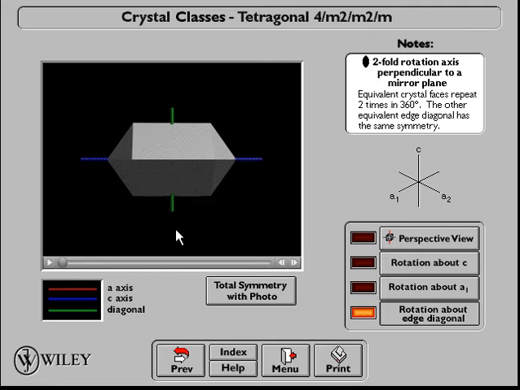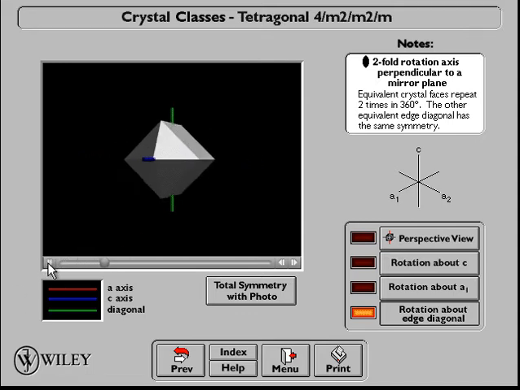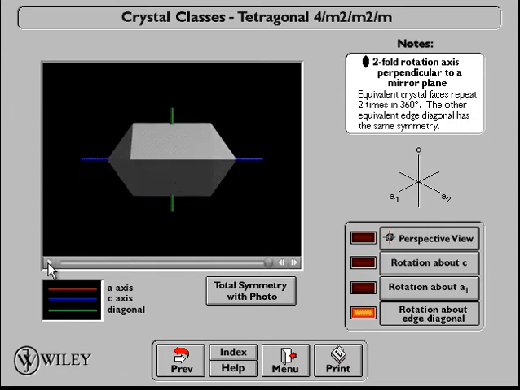The other equivalent edge diagonal has the same symmetry. Here we have our diagonal, and now we are watching the movie, and you can see we are repeating. We can turn it 2 times, so it repeats 2 times in 360 degrees.